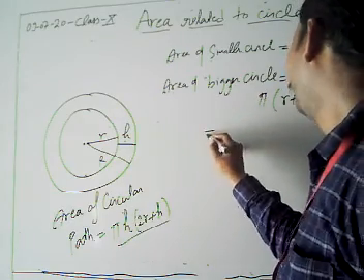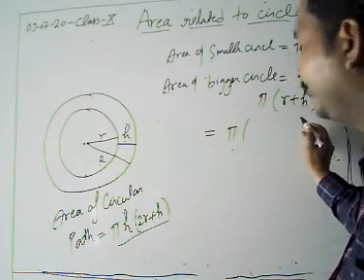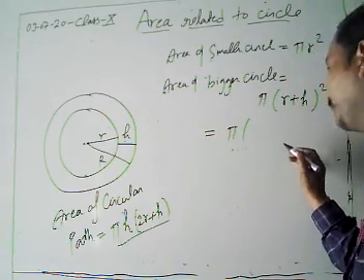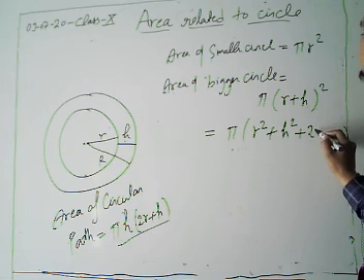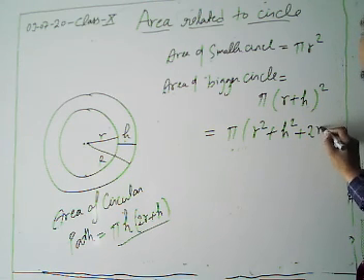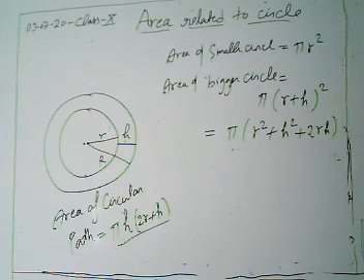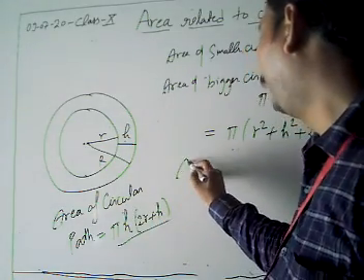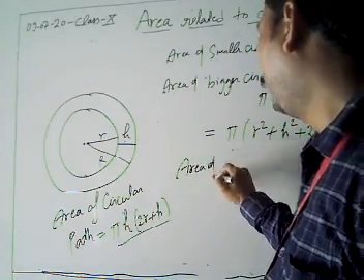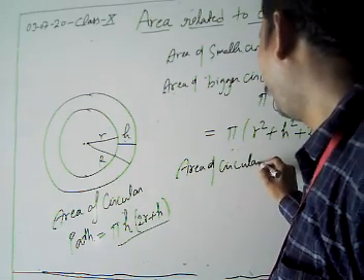Expanding it using the identity (a plus b) whole square, we get pi times r square plus h square plus 2rh.